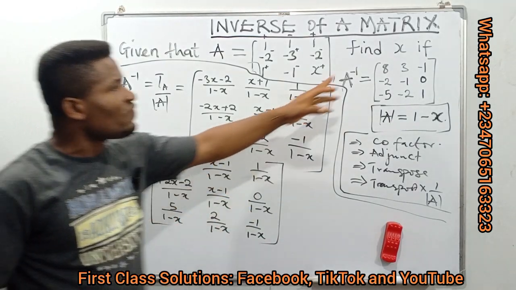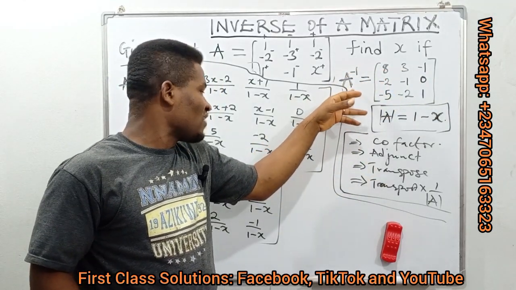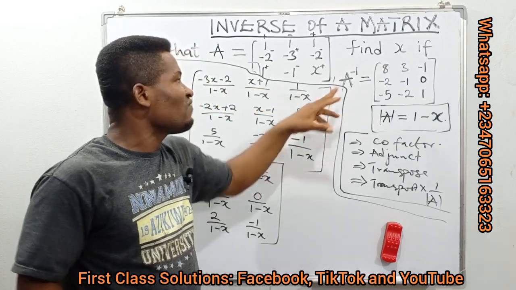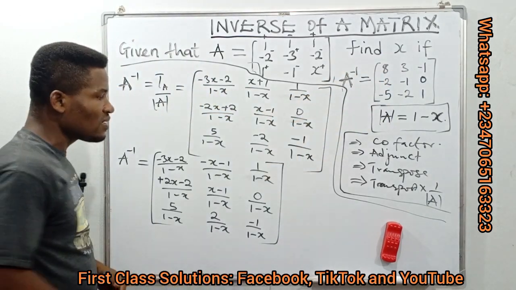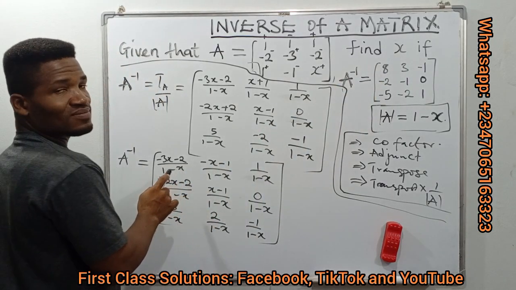So they asked us to find the value of x if the inverse is this 3 by 3 matrix. That means we should find the value of x if this is equal to 8.